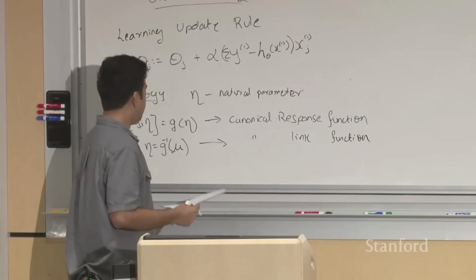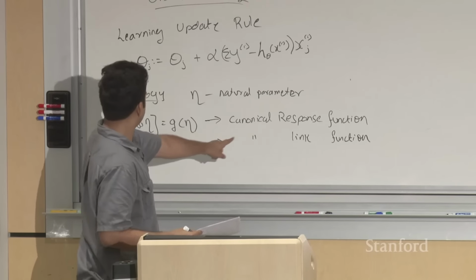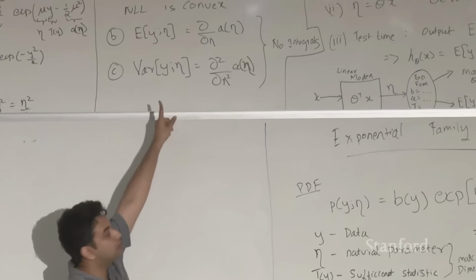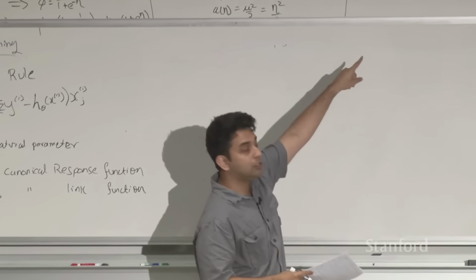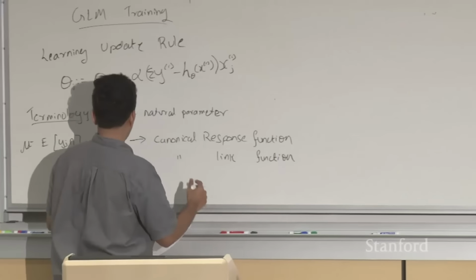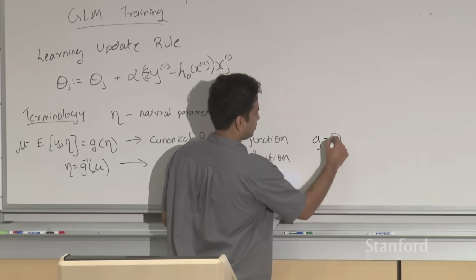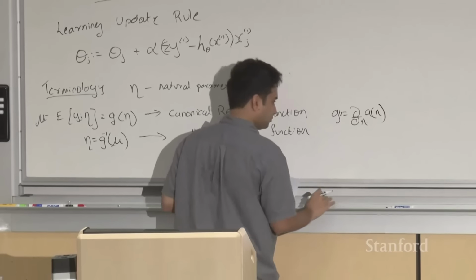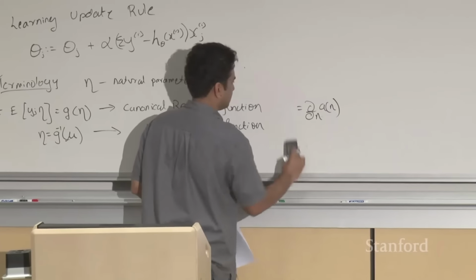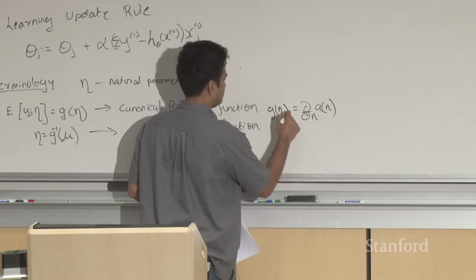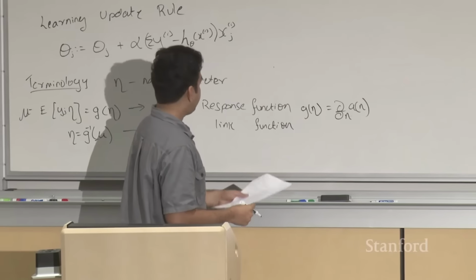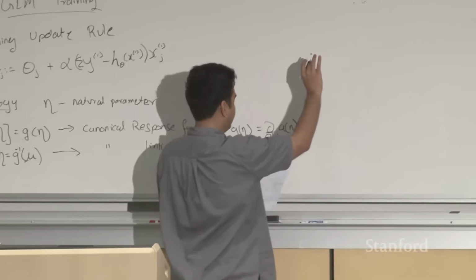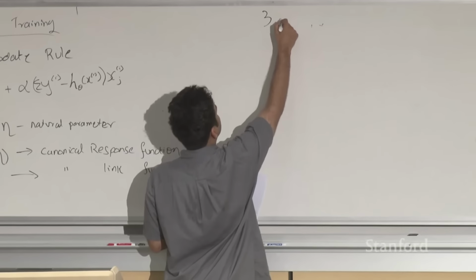This is some terminology. We also already saw that g of eta is equal to the gradient of the log partition function with respect to eta. It's also helpful to make explicit the distinction between the three different kinds of parameterizations we have.